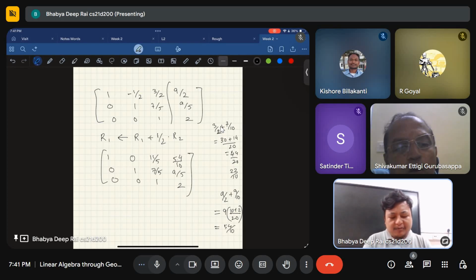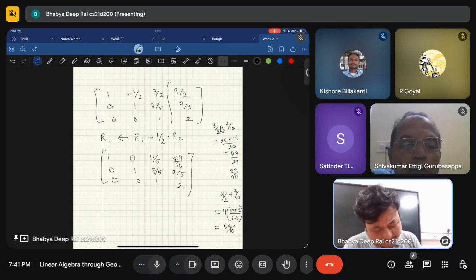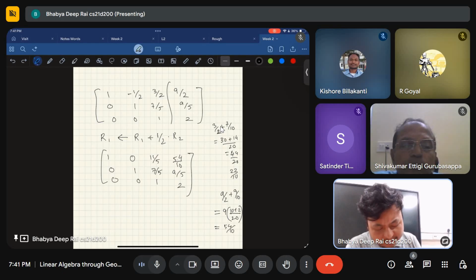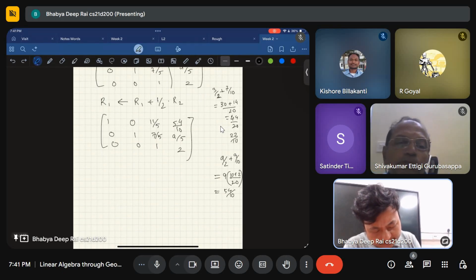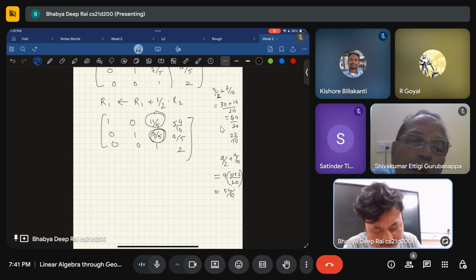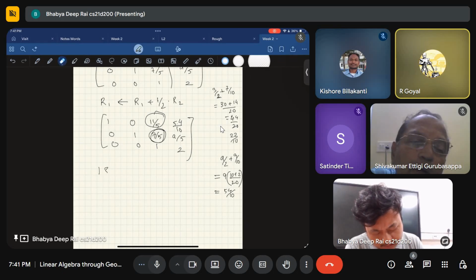Now I have some part remaining, so I'll remove this also. If I need to remove this, I'll need to subtract this guy. So R1 is equal to R1 minus 11 by 7 R2.